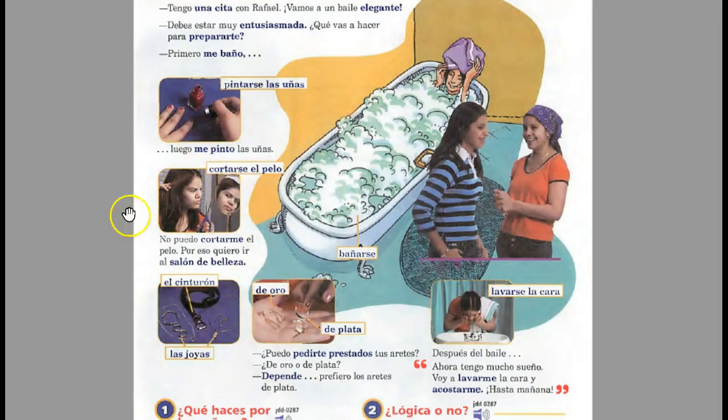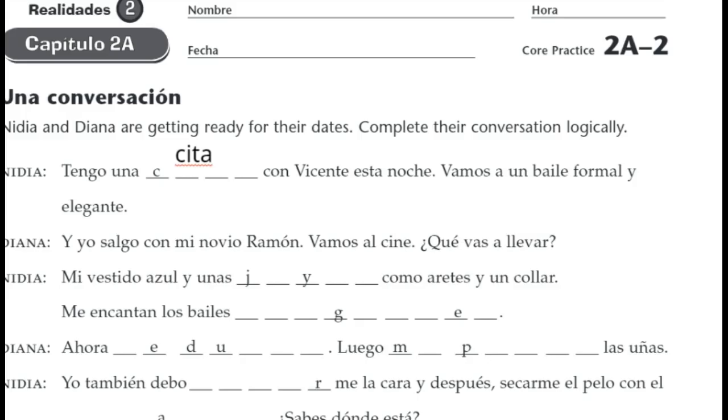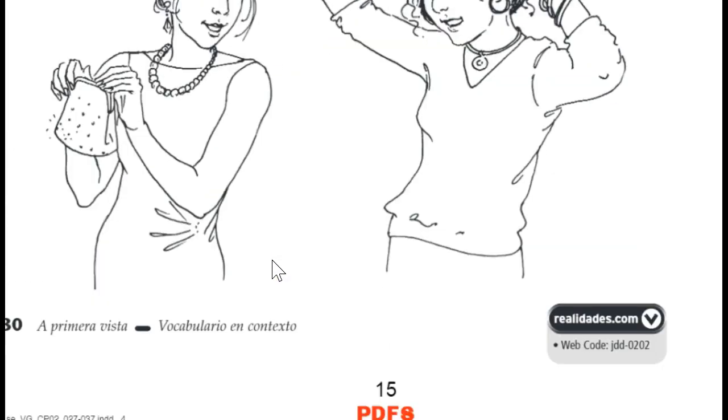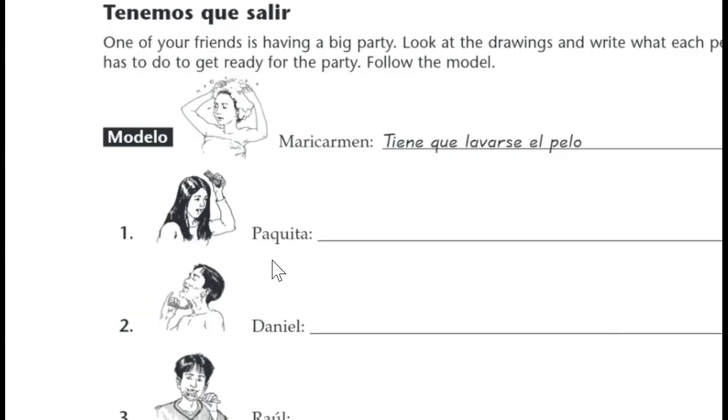Use the vocabulary to help. So I will let you complete that. Tenemos que salir. We have to go. We have to leave.